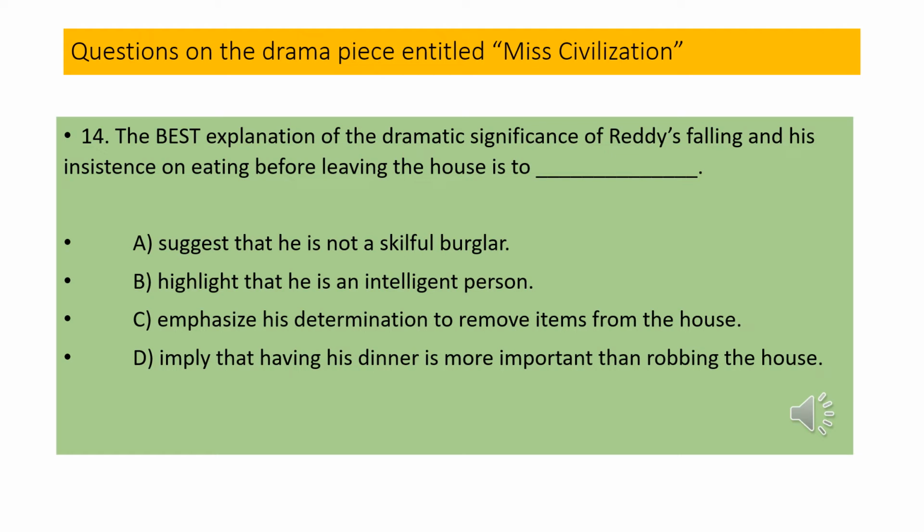Question 14 reads, the best explanation of the dramatic significance of Reddy's falling and his insistence on eating before leaving the house is to, is it A, suggest that he is not a skillful burglar, B, highlight that he is an intelligent person, C, emphasize his determination to remove items from the house, or D, imply that having his dinner is more important than robbing the house?